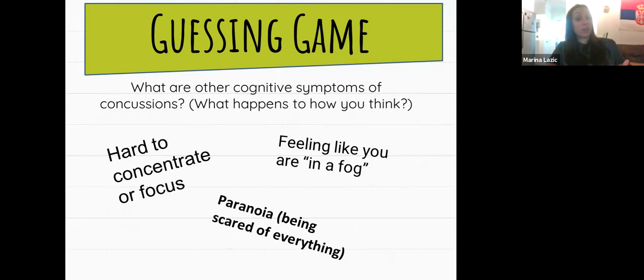If we have concussion, would we have a hard time to focus? Again, our brain controls how we focus, and we move the brain in the skull, so being hard to concentrate is a symptom of concussion. But what is not a symptom is paranoia. Like if you're scared of everything, that has nothing to do with your concussion.